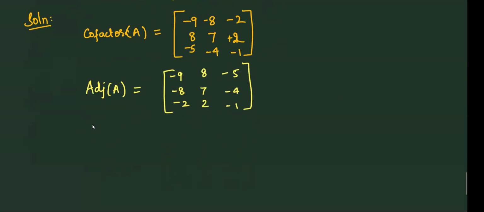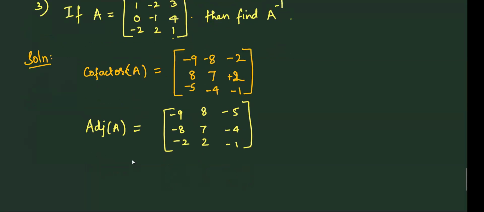Now what is the determinant? Now determinant of A: you take any row of elements, multiply it with its cofactors. So 1 into minus 9, plus minus 2 into minus 8, plus 3 into minus 2.